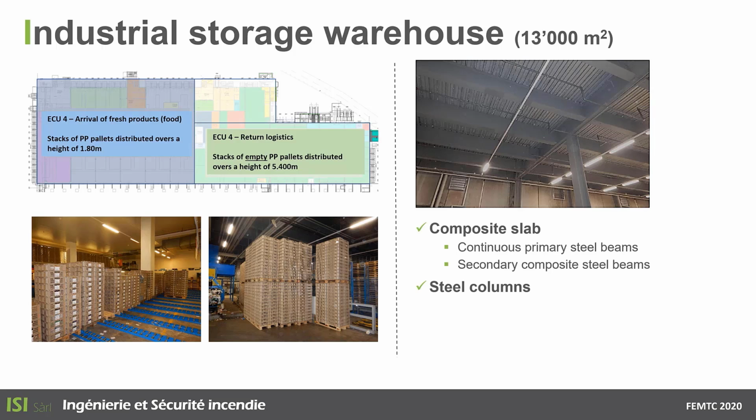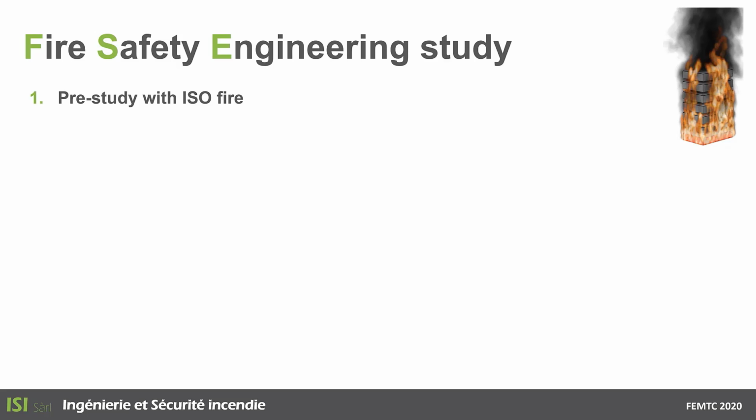The structure is made of a composite slab itself made of continuous primary steel beam and secondary composite steel beam. We have unprotected columns. The building is fully sprinkled, and as said before, we have to achieve 30-minute fire resistance. The first step of the study will be done with ISO fire.